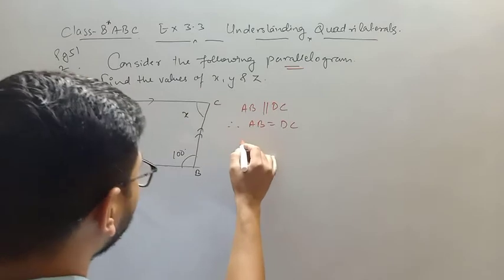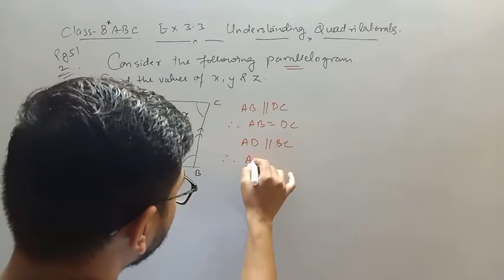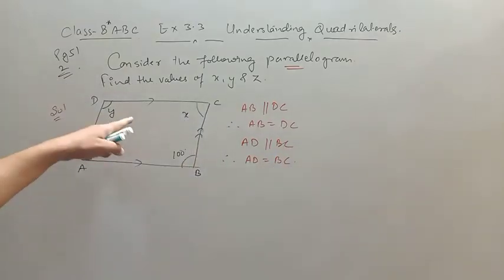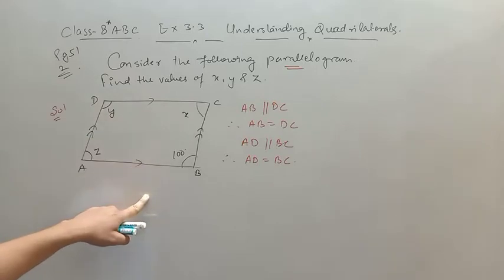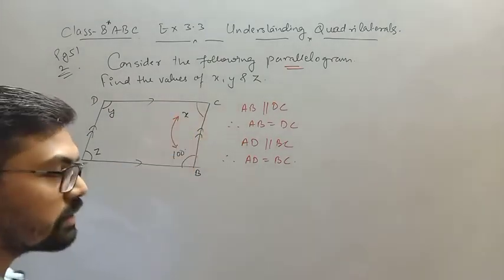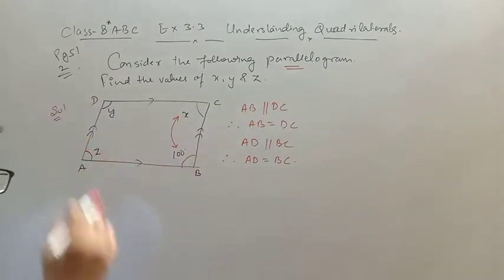Similarly, AD is parallel to BC, and on the basis of this, AD is equal to BC. Now if this is a parallelogram and these are the two parallel lines, that means these two are interior angles, right? And you know that the sum of interior angles is 180 degrees, as I have already covered in this video.